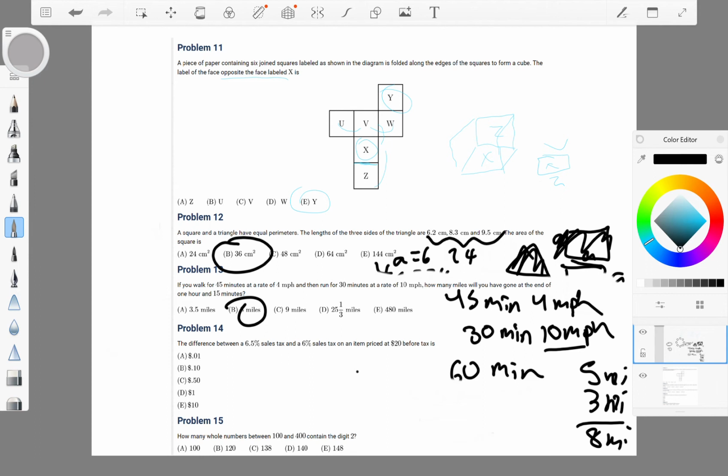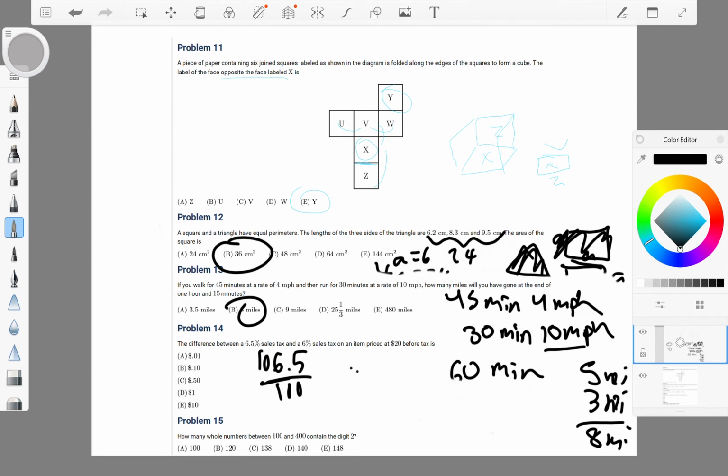So the difference between a 6.5% sales tax and a 6% sales tax on an item priced at $20 before tax is question mark. So let's say that we add 6.5% sales tax. That would mean 106.5 over 100.